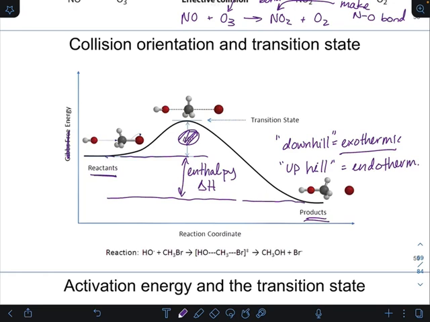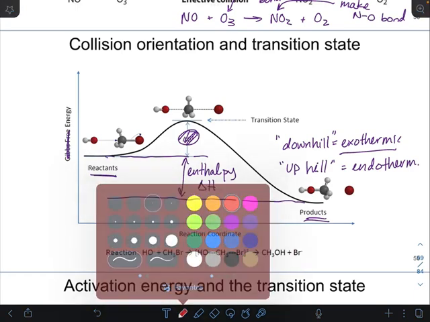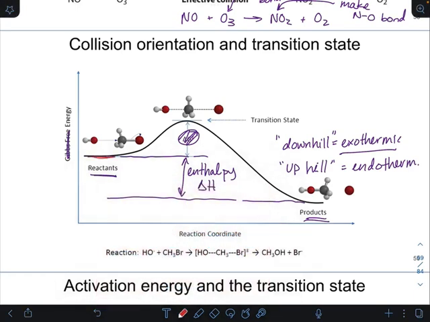Okay, so what is new is this idea of going from the reactants and giving the reactants enough energy to react. And so the difference between the reactants and the top of this hill is considered the activation energy.